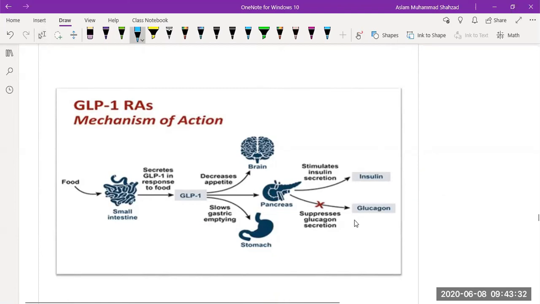So that's the mechanism, either by suppressing the appetite, or by stimulating insulin secretion and decreasing the glucagon level, or slowing the gastric emptying. So this works in three ways: either decreasing the appetite, stimulating the insulin, or slowing down the gastric emptying.